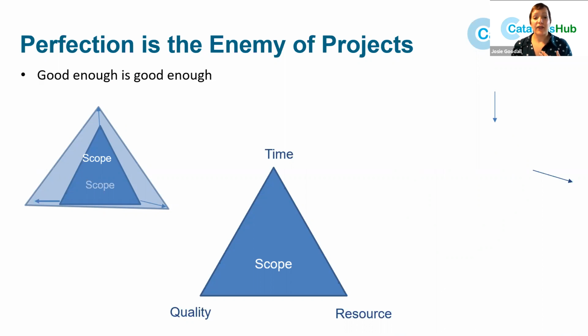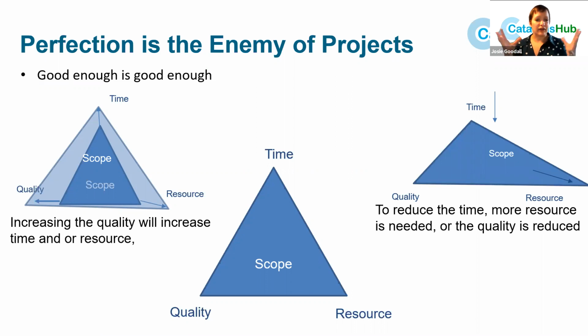If you try and make everything perfect, you're going to make your scope bigger, which either means you need more resource, you need to lower the quality, or you need more time to do it. So in terms of project management, good enough is good enough. You need to do what you said and not more to achieve the goals of the project. And if you try and make everything completely perfect, you'll end up not actually succeeding at your projects because you'll never finish them.